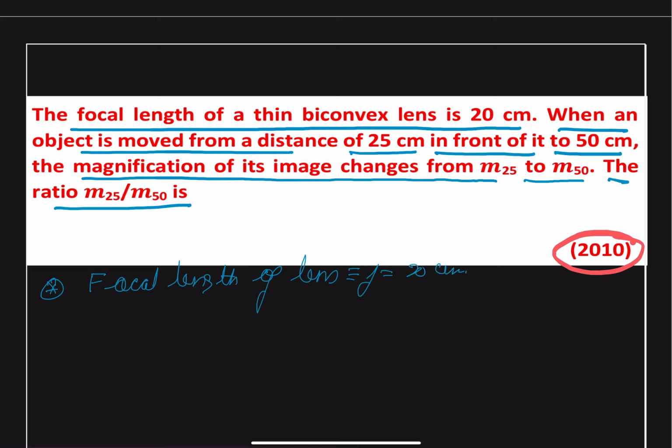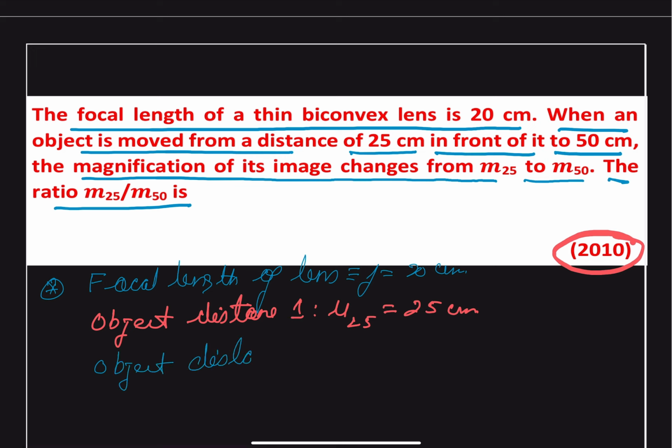Then we are given as initial object distance, let us call that u25, and we say that u25 is equal to 25 centimeter, and then we have object distance 2, let us call that u50, and this is our 50 centimeter.